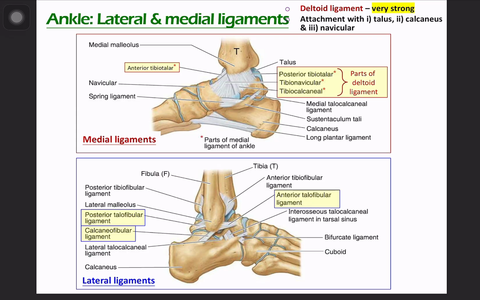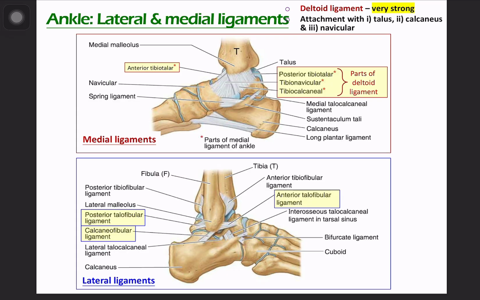Third, we have the calcaneofibular ligament, which secures the bottom tip of the lateral malleolus with the calcaneus underneath it. So all three together provide lateral support.